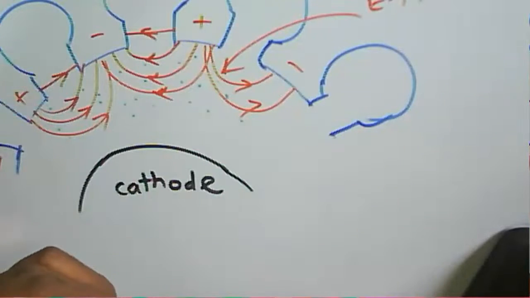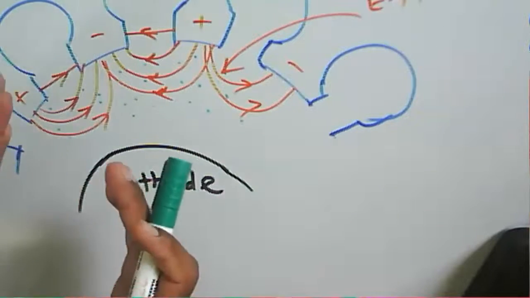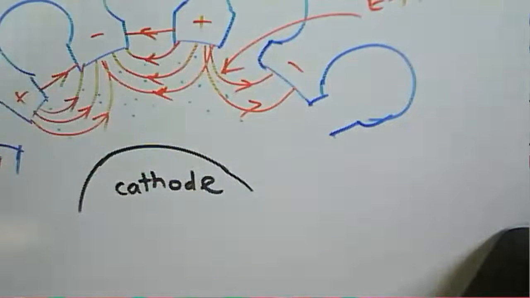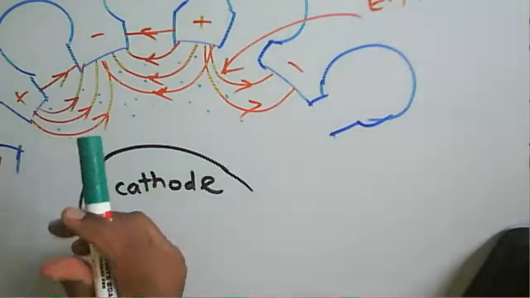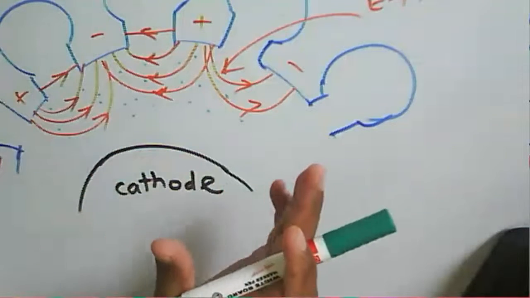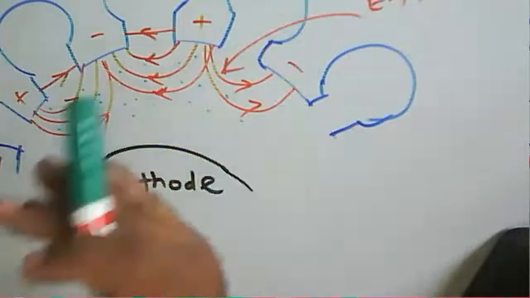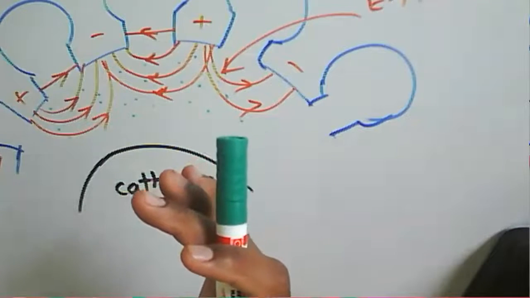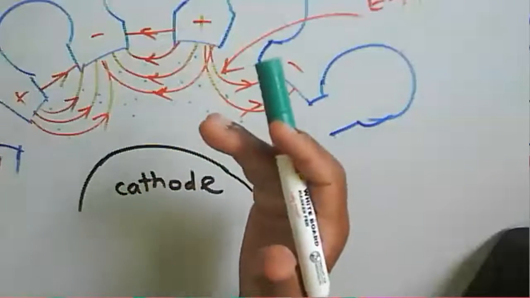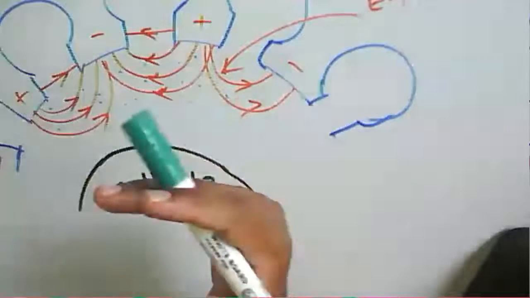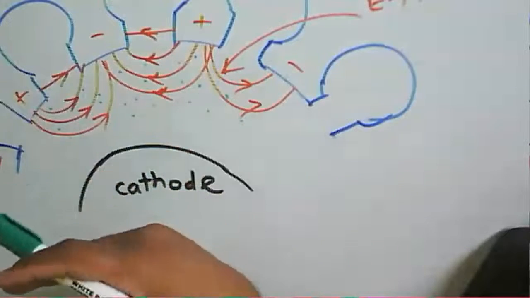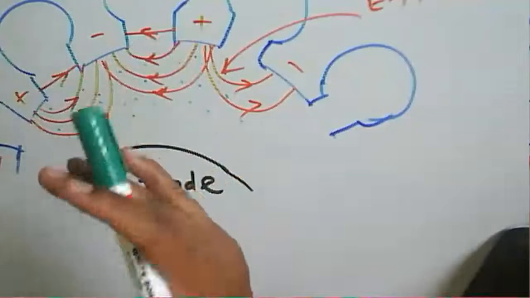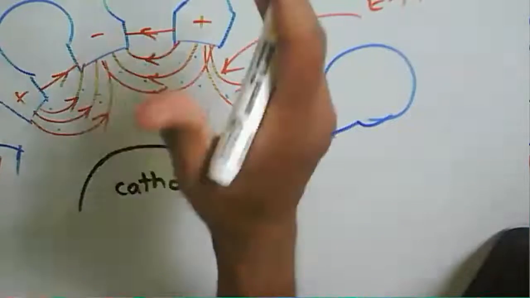And regarding the RF field, whether the field is present or absent: if the field is present, then the electron will bend its path. If the field is absent, then the electron will move from the cathode to the anode directly.